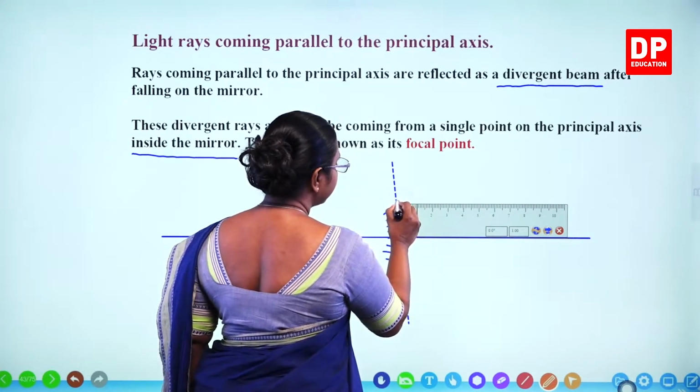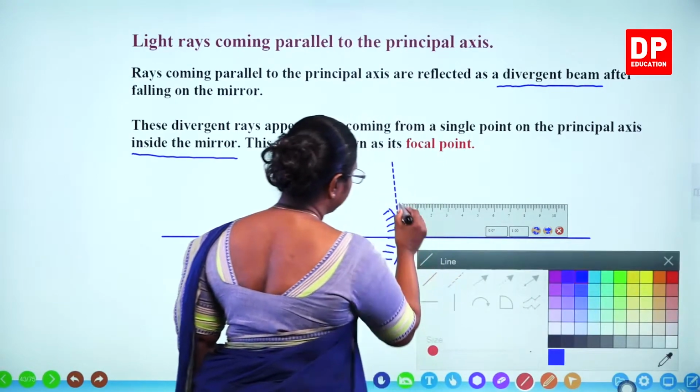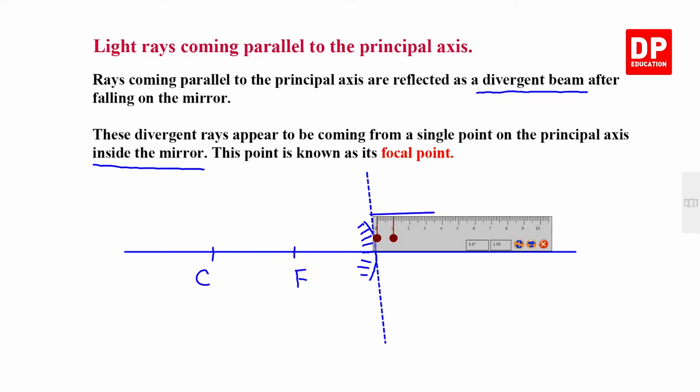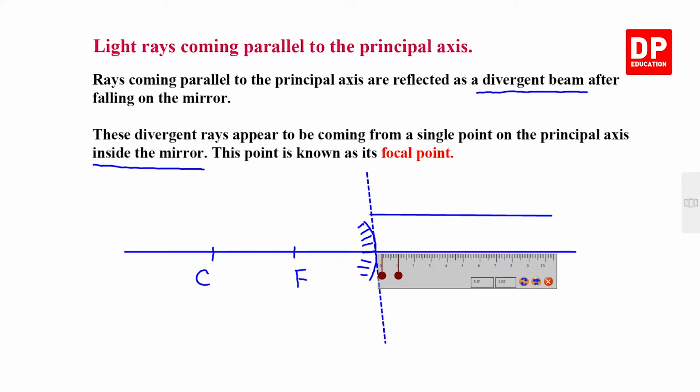So if we draw lines like this, that is one ray. As I did before, I can draw another ray from the other side of the principal axis, that is also parallel.